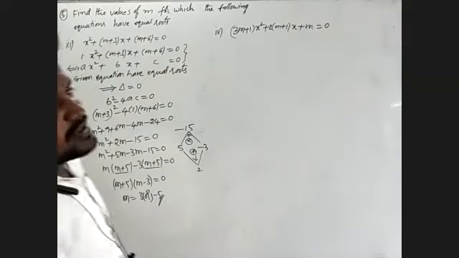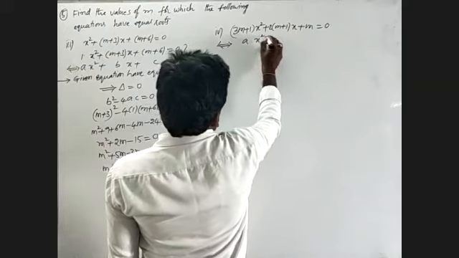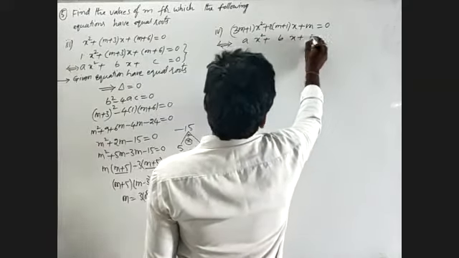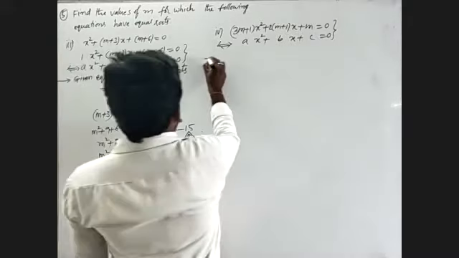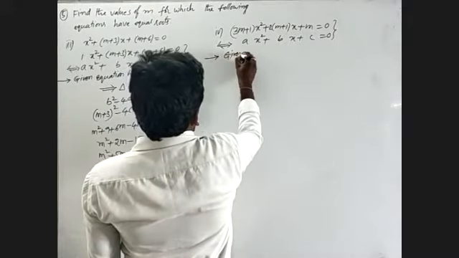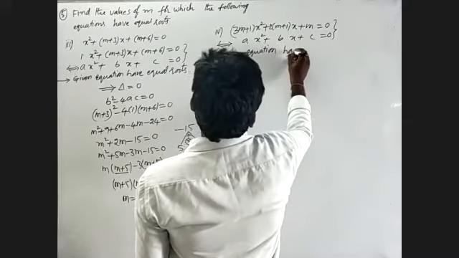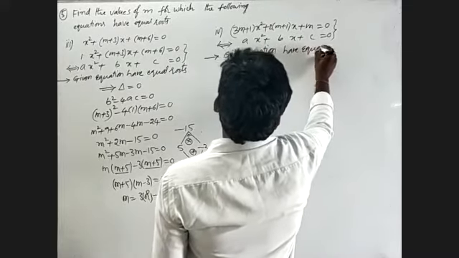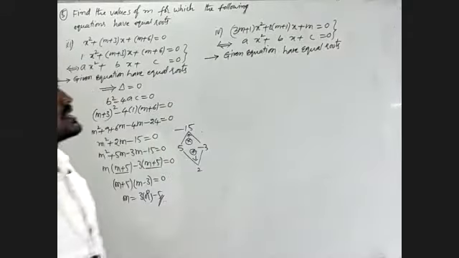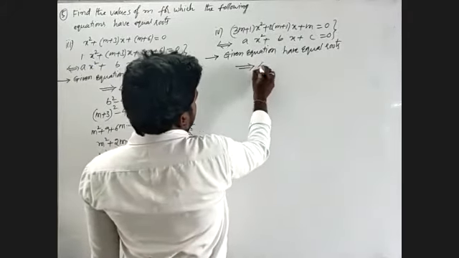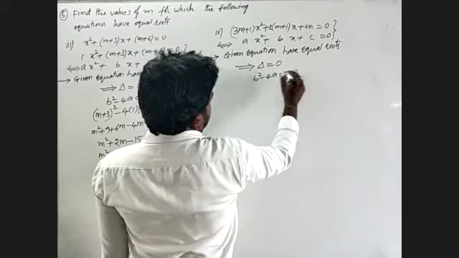The given equation is already of the form of a quadratic equation, ax square plus bx plus c equal to 0. The given equation has equal roots, which means the discriminant is equal to 0, that is b square minus 4ac equal to 0.